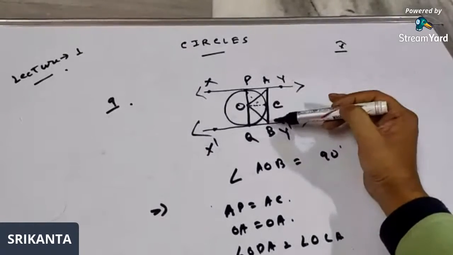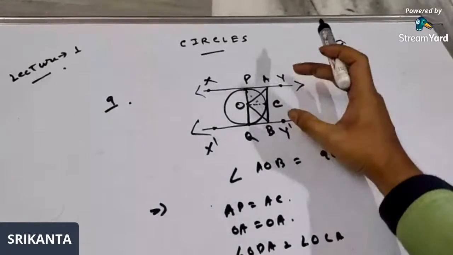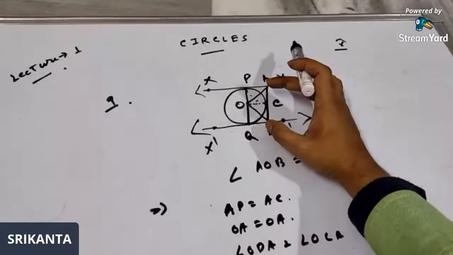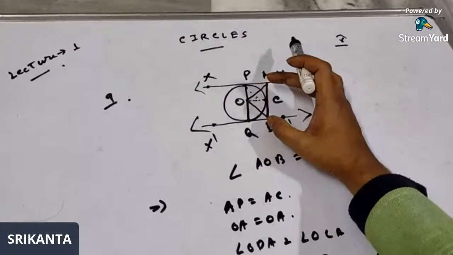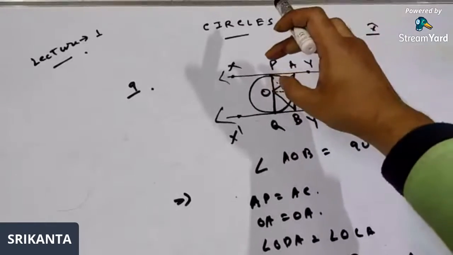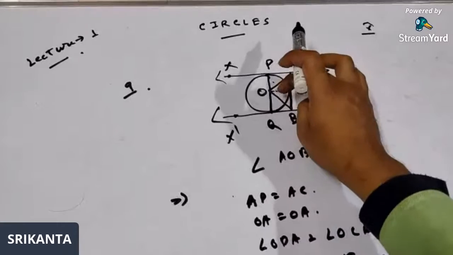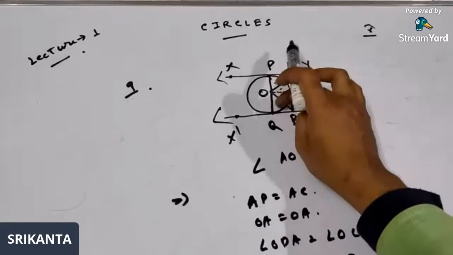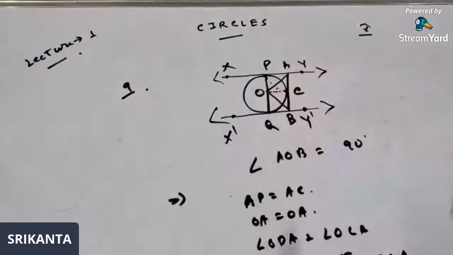Are they equal? OA and OB, distance between tangents. These are equal. This is equal. Is this 90 degree?